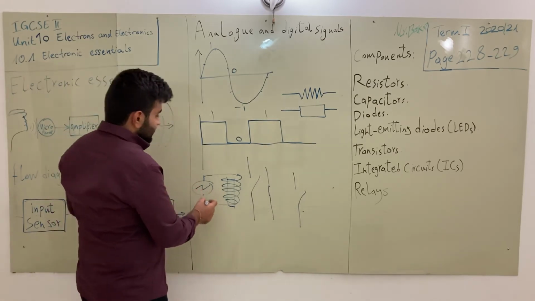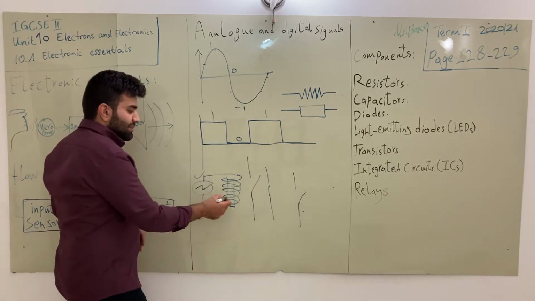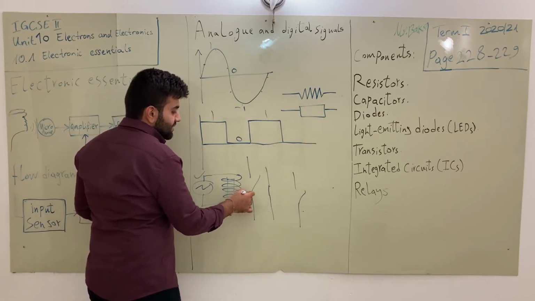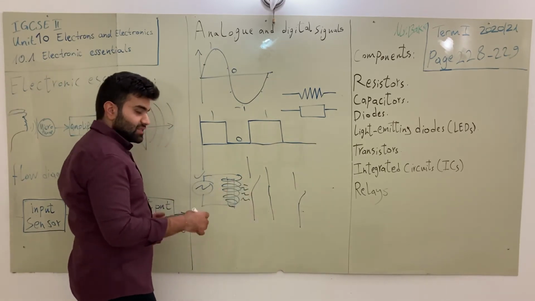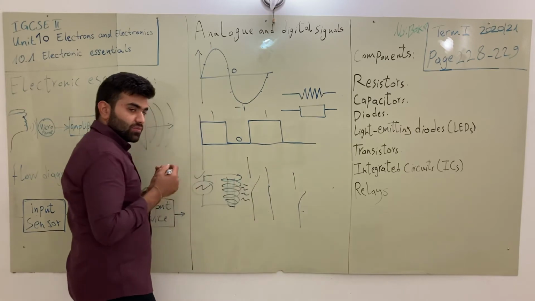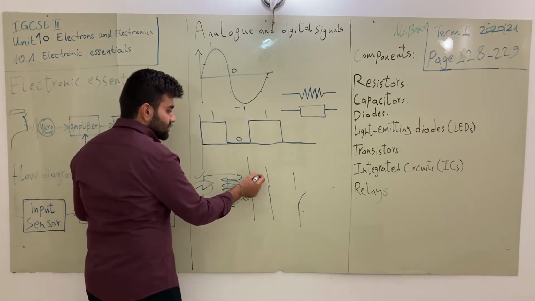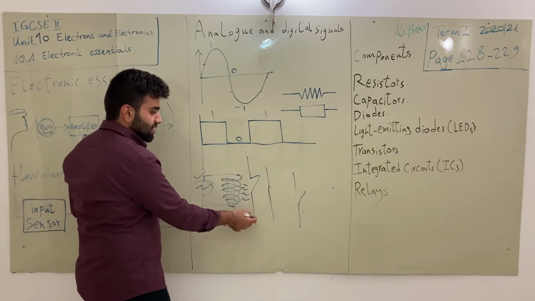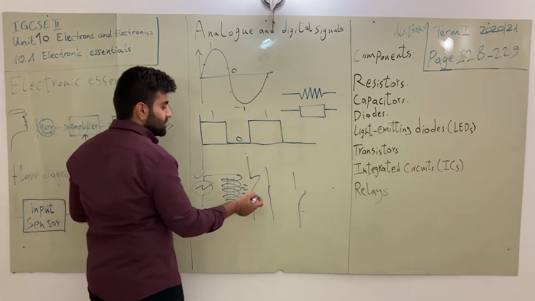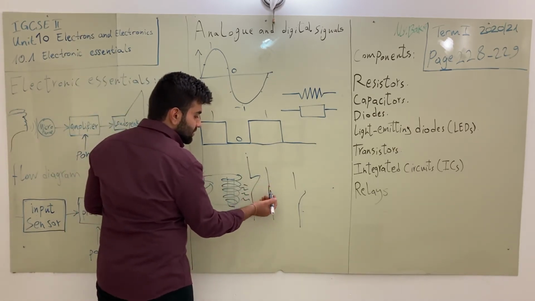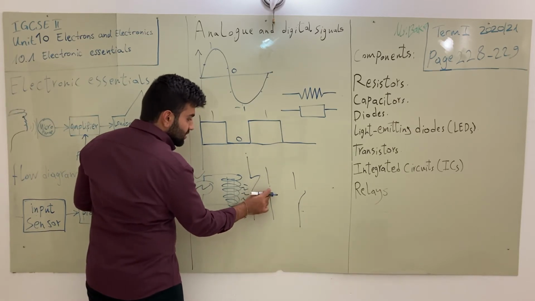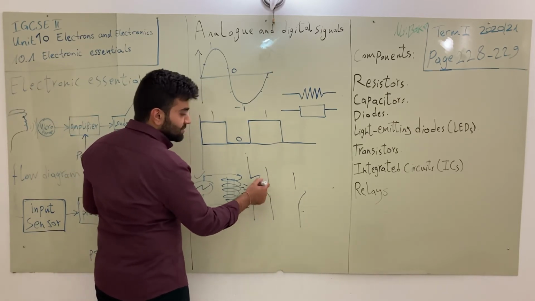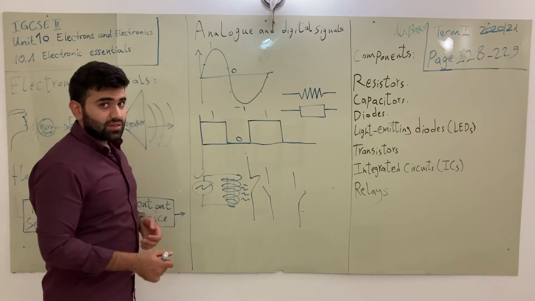So when I apply electricity here, what's happening? There will be a magnetic field here, okay? And this magnet will pull this switch. So this will close, it will contact the pins that the wires are connected to, and when it pulls, the other one will be open. That means it will be closing the circuit.